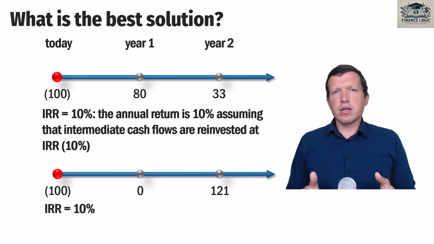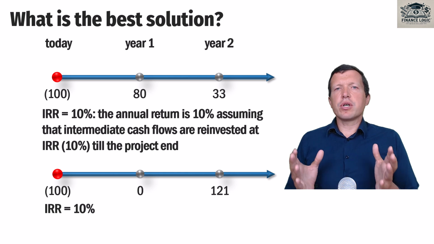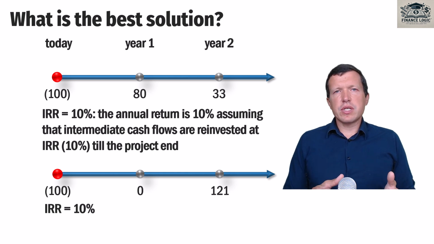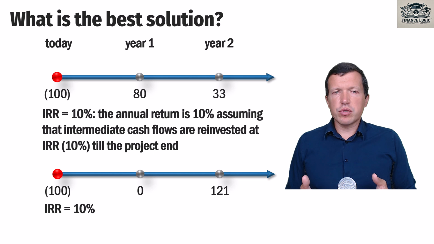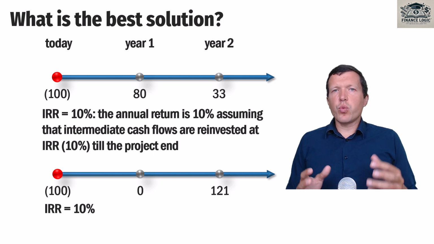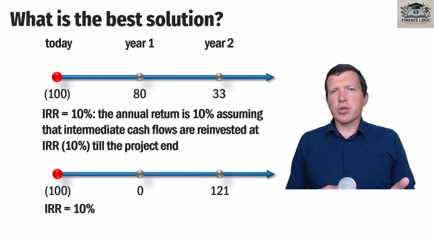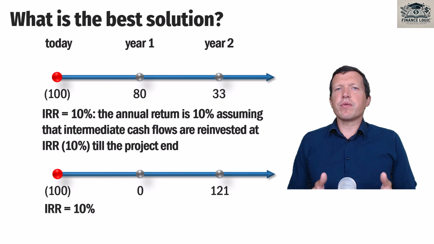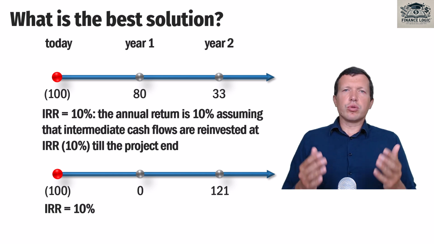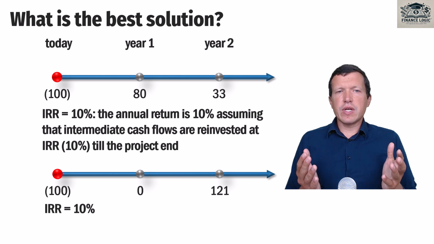In this case it's $80 at 10% till the end of year number 2. This is very important to understand. So this is a proper interpretation of IRR where we have intermediate cash flows. And we don't have to mention the same for the second project, because for the second project we don't have intermediate cash flows. So to avoid the trap, we always need to be aware of the IRR assumption.